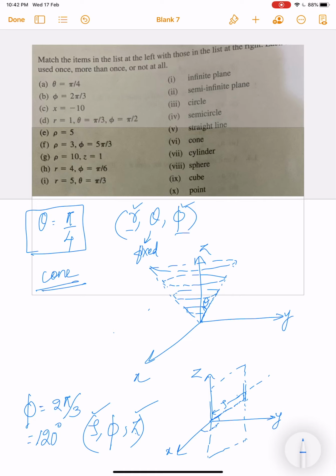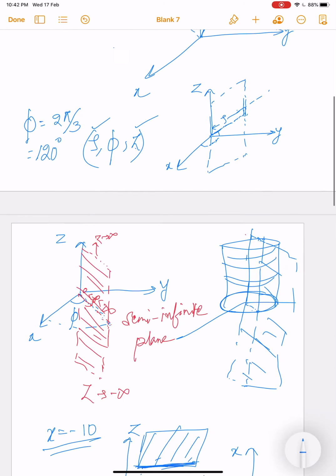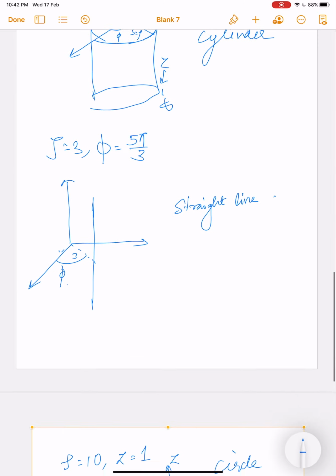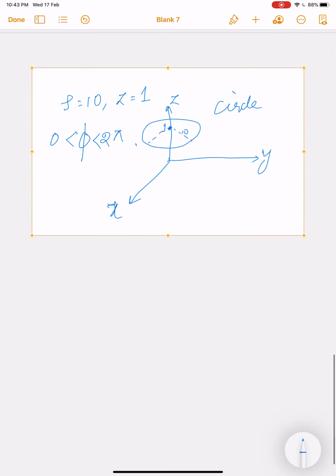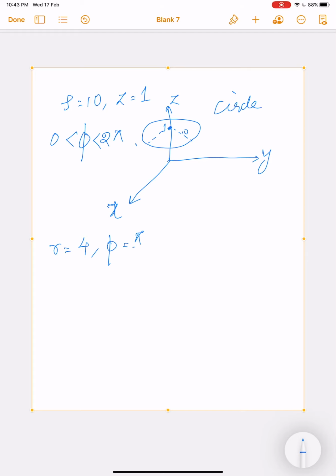Then next, r is equal to 4 and phi is equal to pi by 6. Again, you've got 2 coordinates. So let's see what we are getting. Two things are given.